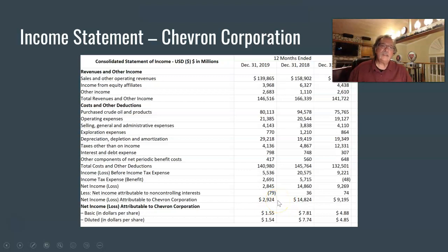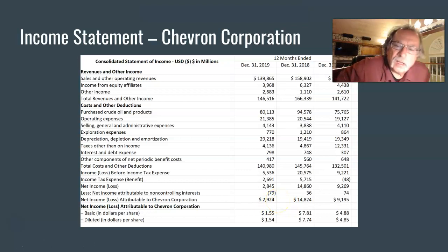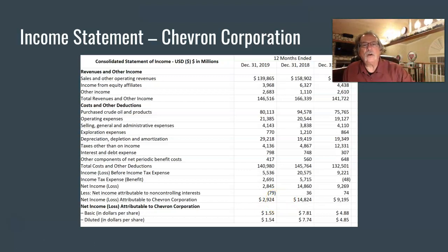And then what is typically looked at is, if you're a shareholder, you want to know how much the income is per share. So this is your income per share, gone from $5 a share to $8 a share, down to $1.50 a share.